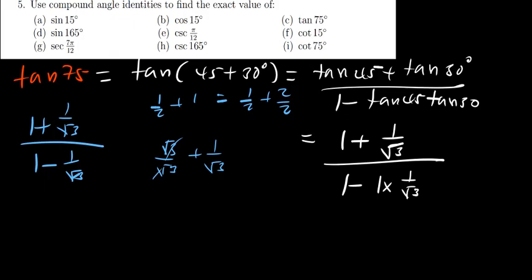So the top part is root 3 plus 1 divided by root 3.